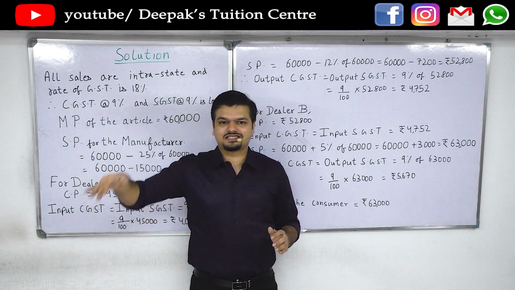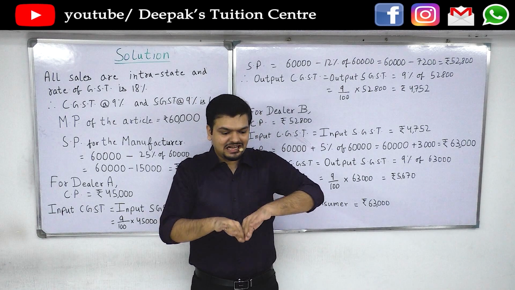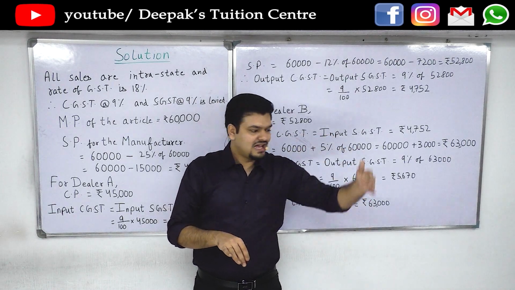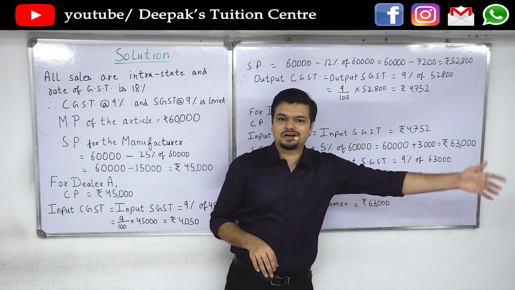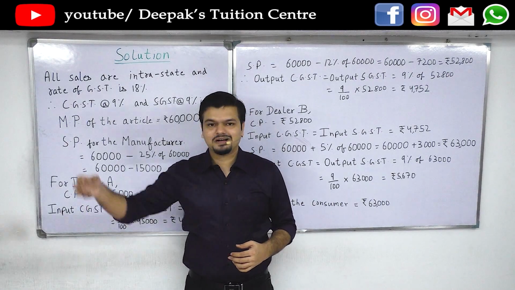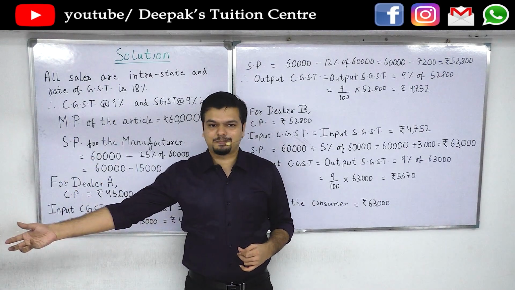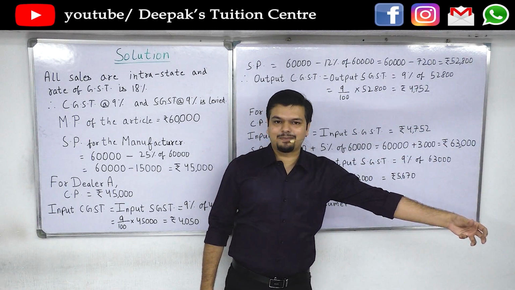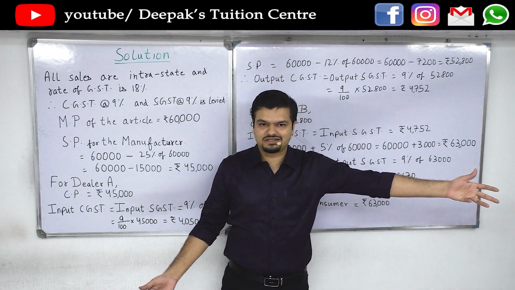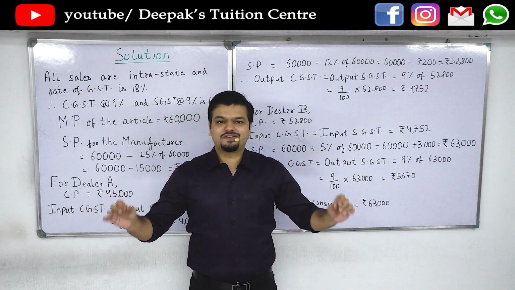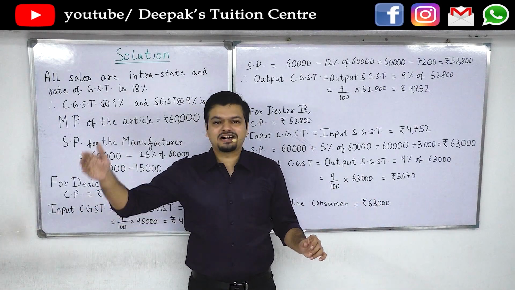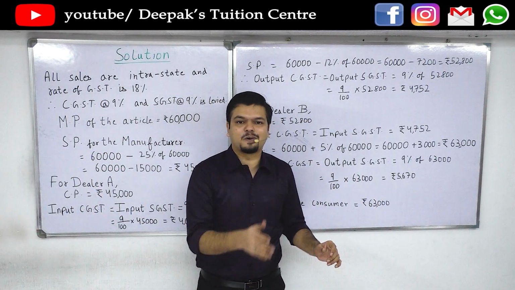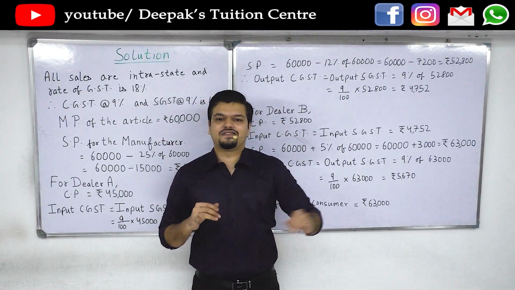Since the manufacturer has sold the goods to Mr. A, dealer A has sold the goods to dealer B, and dealer B has sold the goods to the consumer, we obviously assume that the manufacturer's CP is 0 and the selling price of the consumer is 0 because he's not going to sell it. So what we have to calculate is the CP, SP, input and output CGST and SGST of every person.